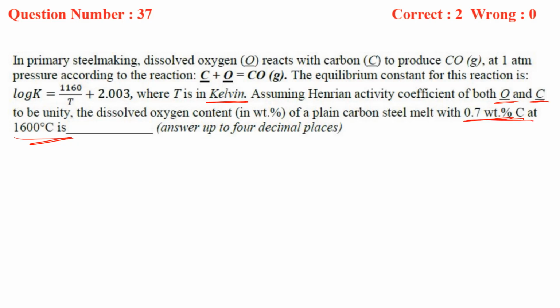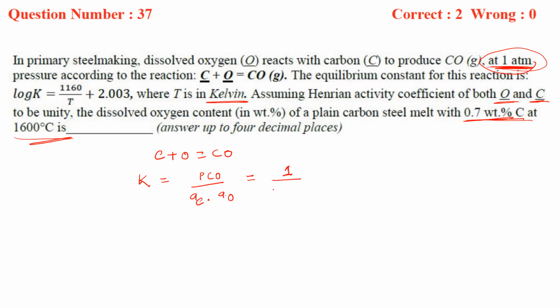Okay, so we need to find the oxygen content when the carbon content is 0.7 weight percent. So the reaction here is C plus O is equal to CO. If you find the equilibrium constant, this implies partial pressure of CO divided by activity of carbon and activity of oxygen, right? And here it is given that CO is produced at 1 atm, so partial pressure will be 1 simply.